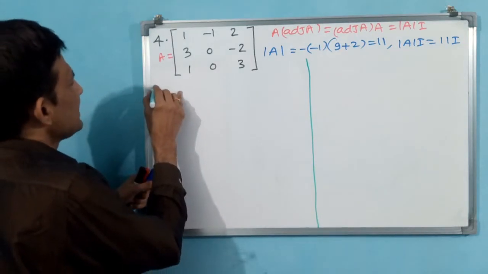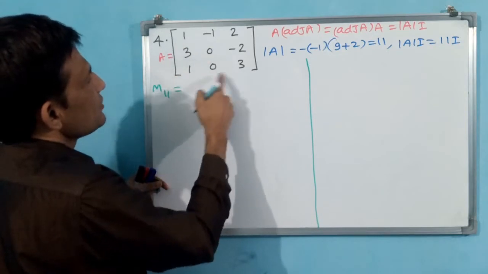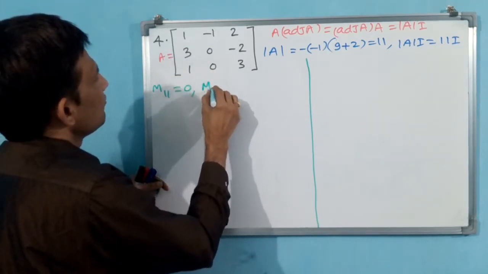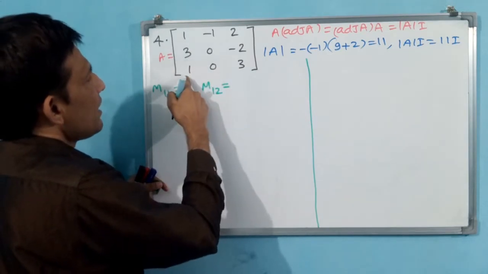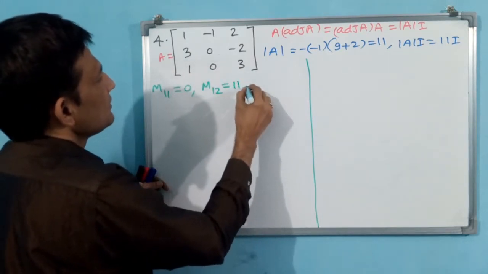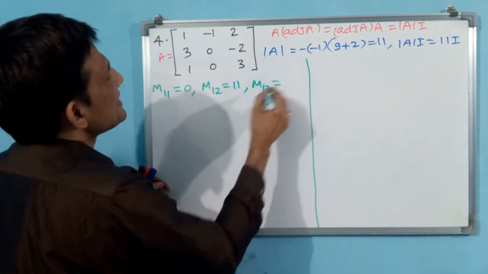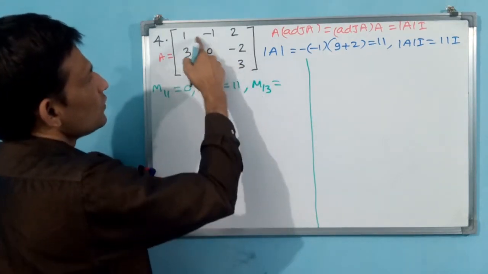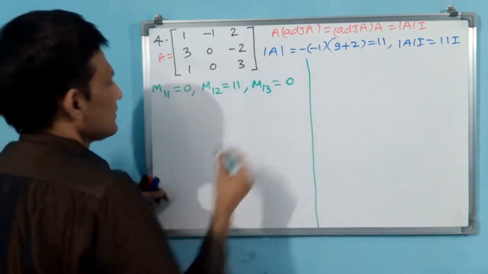Minors, M11 like that. M11 is equal to, we are closing 1, then see 0. M12, we are closing minus 1, then 9 minus of minus 2 plus 2, 11. Okay. Now M13, we are closing 2, 2, 2. Okay. Then 0 again. Okay.